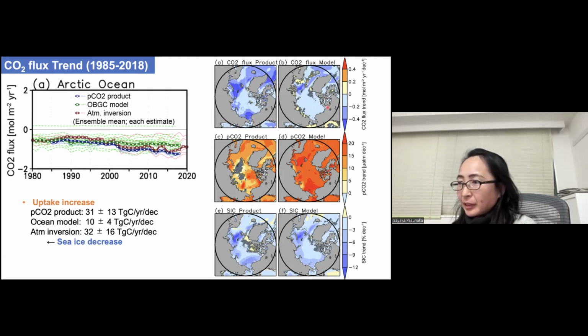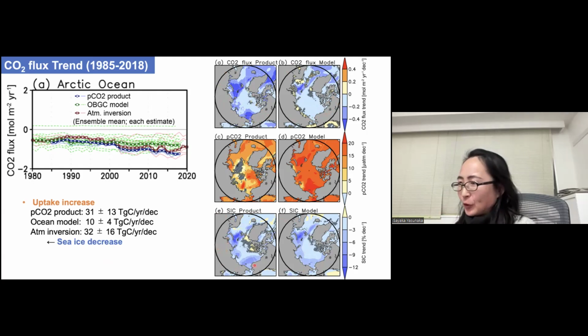And this figure shows the spatial pattern of the CO2 flux trend, and the blue region means an increase of CO2 uptake. So there is a CO2 uptake increase, especially in the Barents Sea and the Chukchi Sea. And this pattern is closely similar to the sea ice retreat pattern.